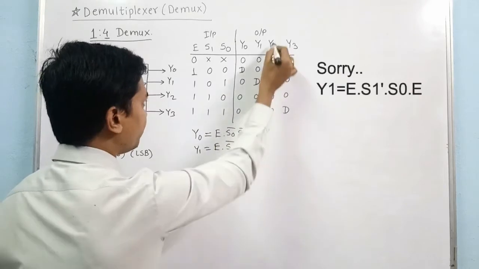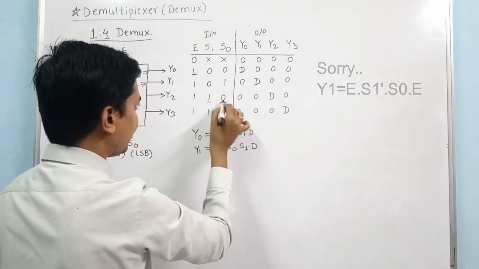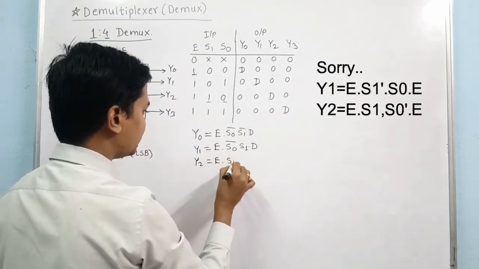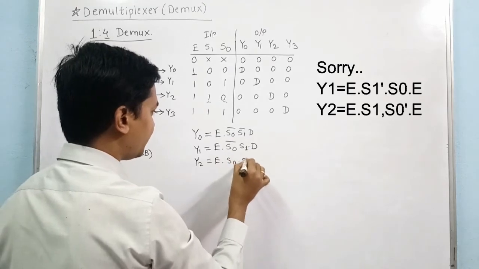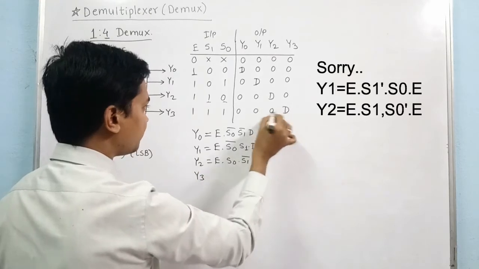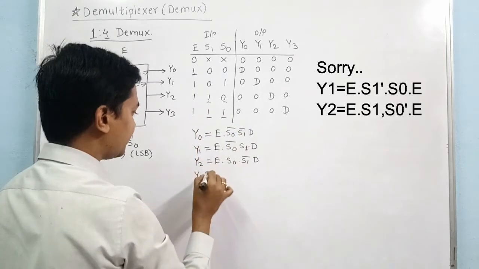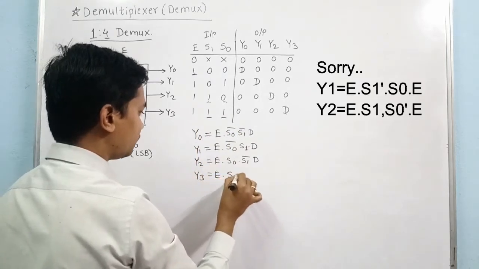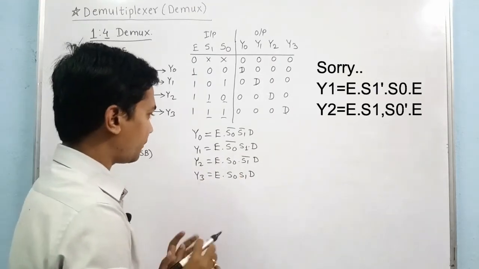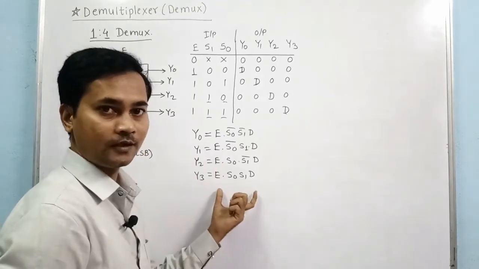For the y2 line consider this case S0 and S1 bar: y2 equal to E into S0 into S1 bar into D. And for y3, D is available here, so 1 should be considered: y3 is equal to E into S0 into S1 into D. So this is how we can obtain the individual output equations for the 1:4 demultiplexer.